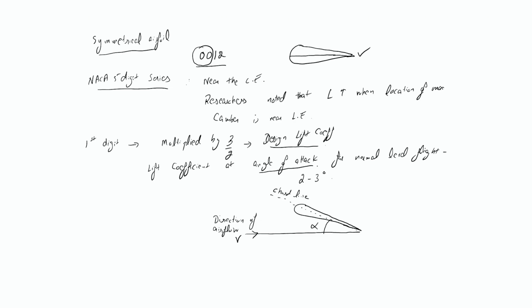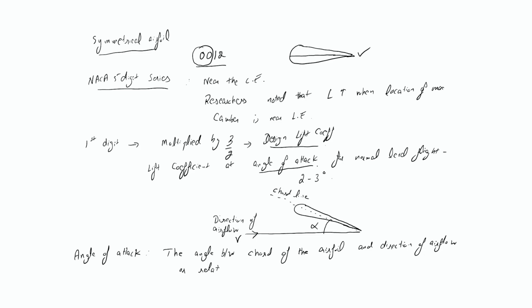Now let me first write the definition of angle of attack: the angle between the chord of the airfoil and the direction of airflow, or we call it the relative wind. It is denoted by alpha.